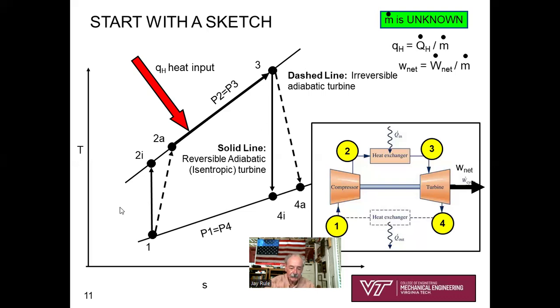And it's my hope that you fully understand why I've got a solid line and a dashed line depicting both the compressor process and the turbine process. So this is not brand new material. In Chapter 6, and also in Chapter 8 with steam turbines, you've been through this idea of a reversible adiabatic process and then an adiabatic but irreversible process.